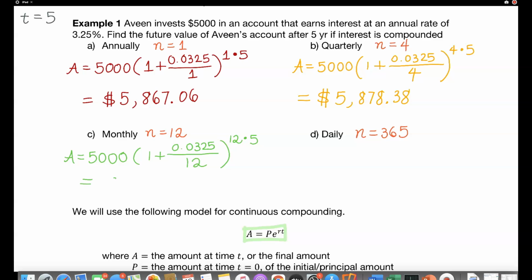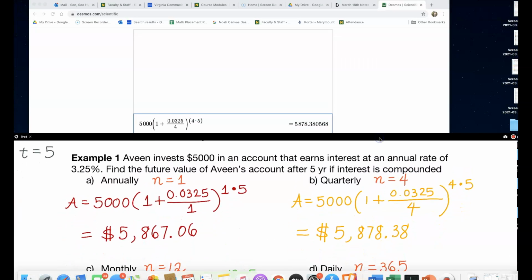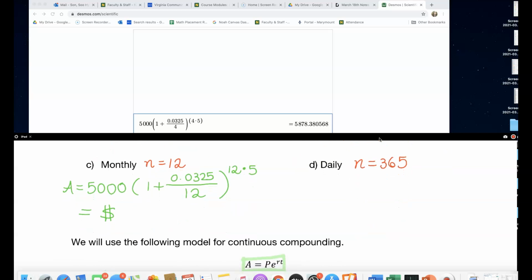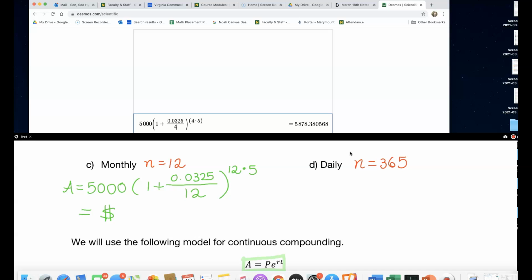All right, what is that going to be? She's going to have more money than the first 2 cases because the more frequent the compounding is, the faster your money will grow. All right, so I'm going to just go ahead and change the number in the bottom of the fraction to 12. And I'm going to go over here and change that 4 to 12.